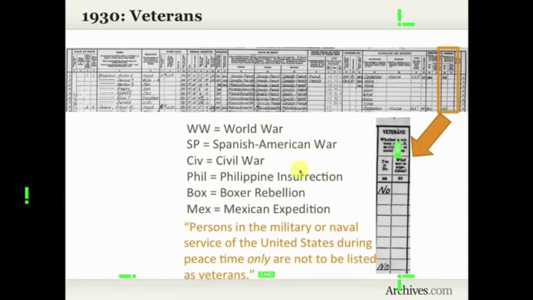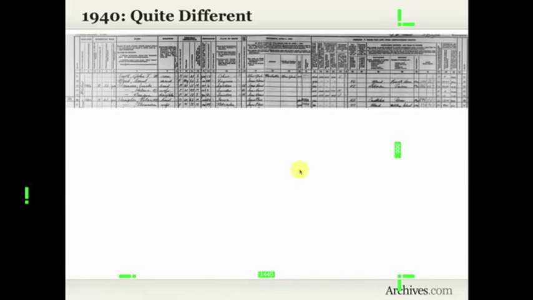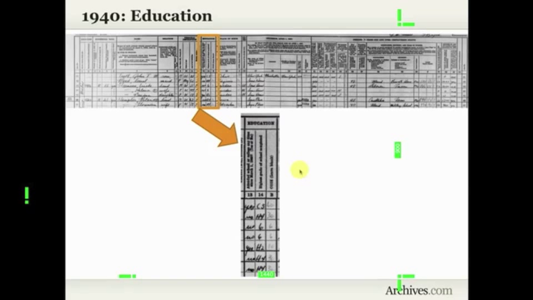Now, the 1940 census is a lot different. Questions about education look a lot different in 1940 than what we saw in 1920 and 1930. So the section on education asks whether they had been at school and what is the highest grade that they have completed.